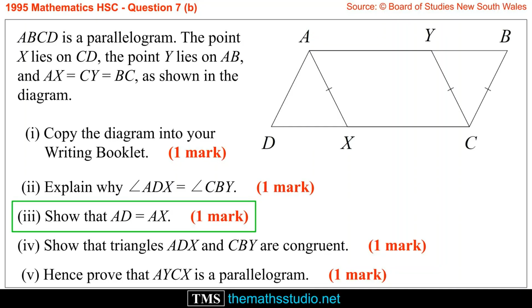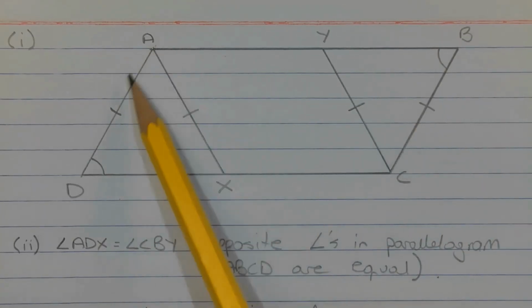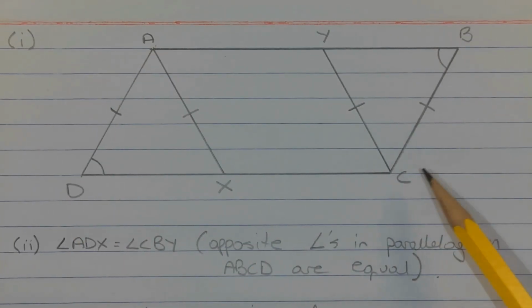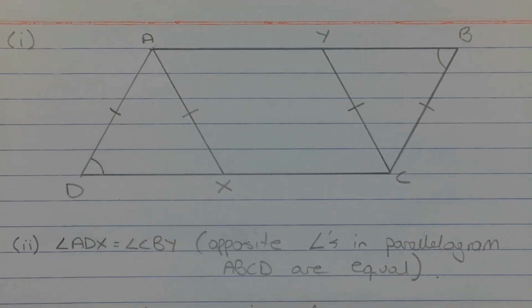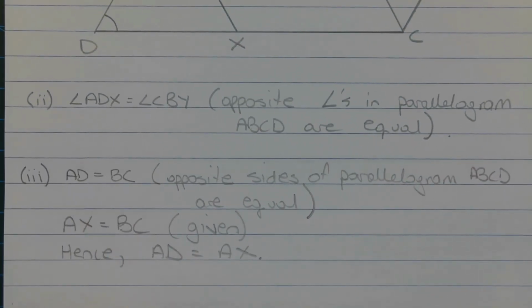Part 3. Show that AD equals AX. In a parallelogram, opposite sides are equal in length. So in parallelogram ABCD, side AD is equal to side BC, and I've marked that with the dashes shown. And I've also stated that here in Part 3 as part of the reasoning.